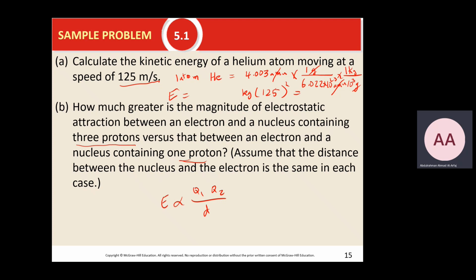In the first case, if we have 1 proton and 1 electron, then the E will be 1 times 1 divided by D. But if we have 3 protons and 1 electron, then it will be 3 times 1 divided by D. If it's the same distance, then which one will be higher? This one will be higher. How many times? 3 times. Okay.